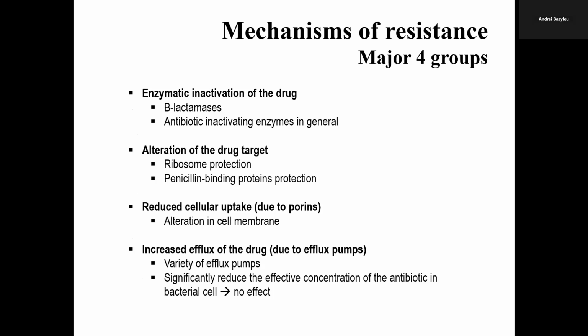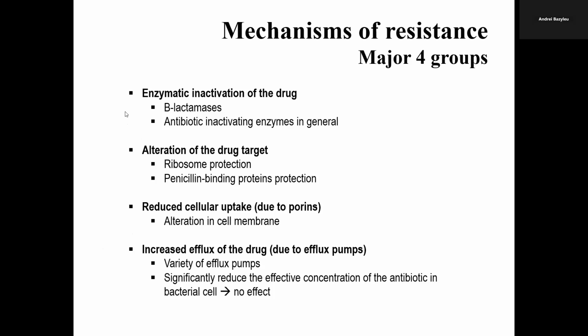That will help you get a big picture as to what's happening on a molecular level. So the four major classes are enzymatic inactivation of the drug, alteration of the drug target, reduced cellular uptake, and increased efflux of the drug. Most of the antibiotic resistances can be classified into these four categories.